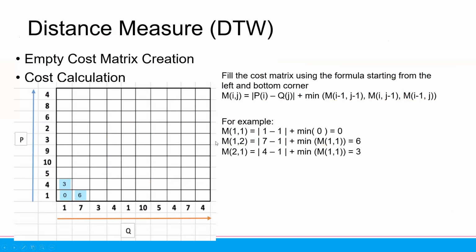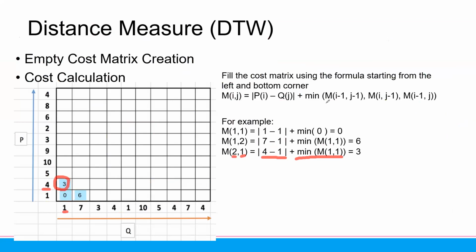Next, 2,1. Here is the position 2,1. So we will check the P position 2, which is 4, and then Q position 1, which is 1. So we have 4 minus 1, which is 3. And then we will check the minimum of the surrounding.